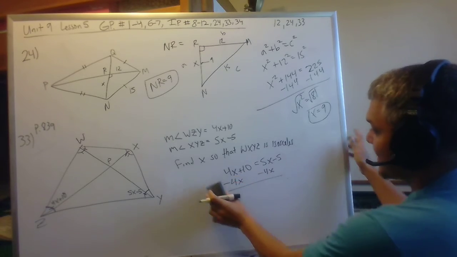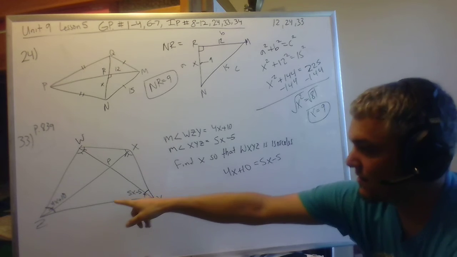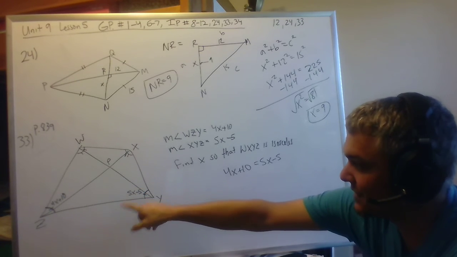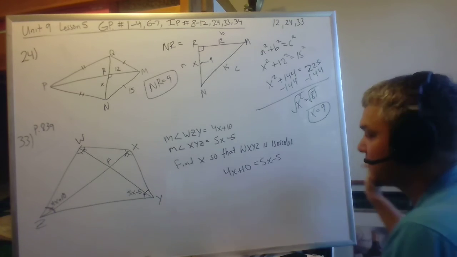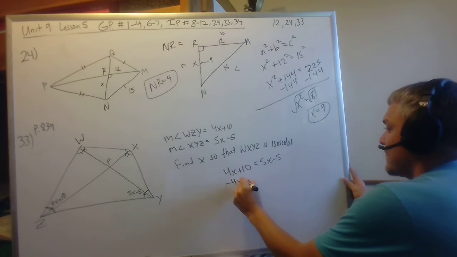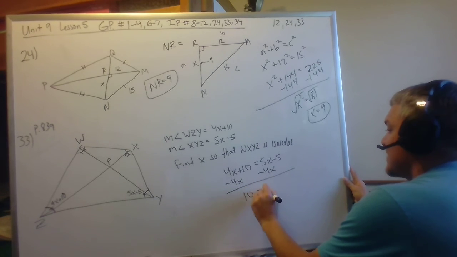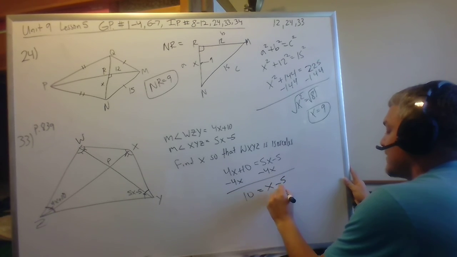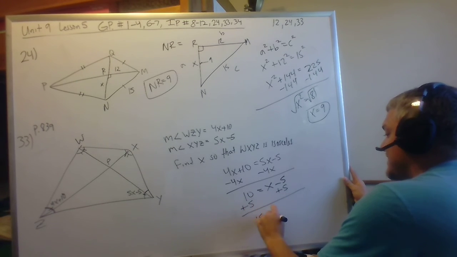Let me start over. We have 4x plus 10, angle WZY, equaling 5x minus 5. And then we're going to subtract 4x from both sides, and we're going to get 10 equals x minus 5. And then we add 5, and we're going to get 15 equals x.